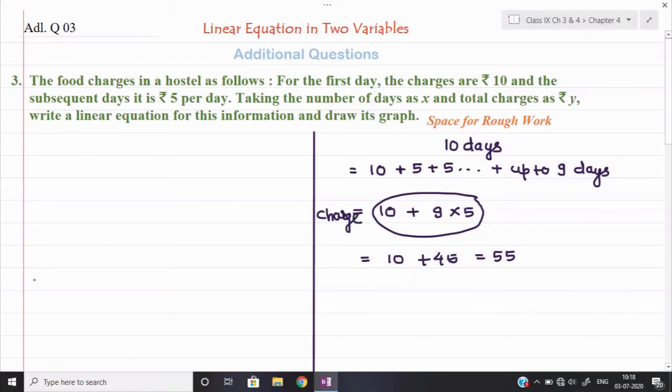So now see students, first of all in this question we need not suppose who is our x and y, that is already given in the question.